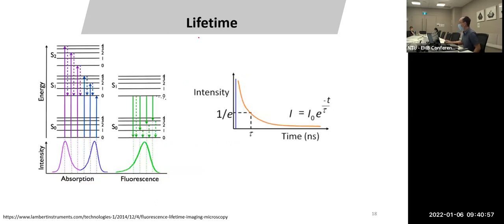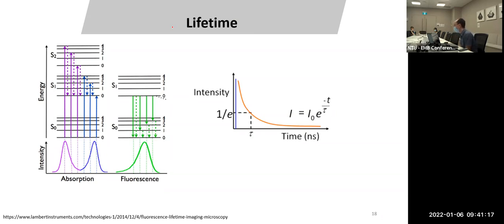Okay, the last part I want to talk about for the properties of fluorophore is the lifetime of your dye. As I mentioned just now, in fluorescent microscopy, we basically don't measure the lifetime, or we are actually not so concerned about the lifetime of the fluorophore.